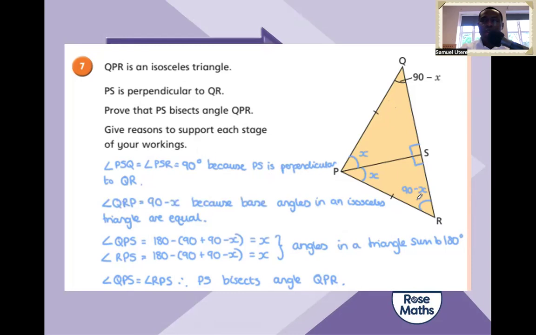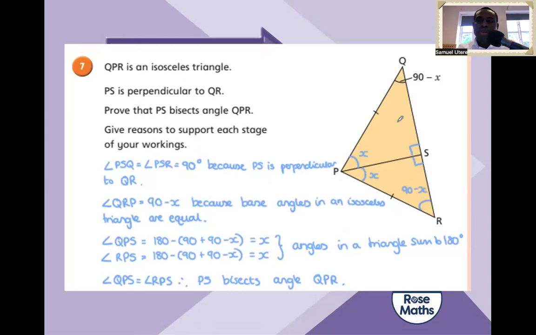Why is that the case? Well, this would be the sum of the angles in a triangle is 180 degrees. First we know that the base angles in an isosceles triangle would be equal. But how do we establish that first?